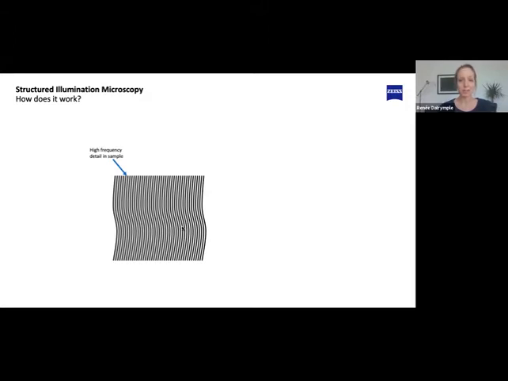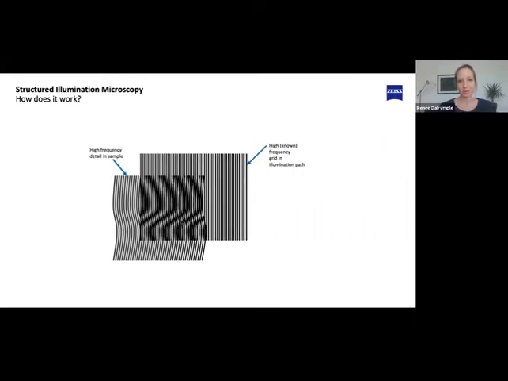Now with structured illumination microscopy, what we do is we take a patterned light and we shift that across the sample. You can see when we do that, that there's the formation of these dark squiggly lines. Those lines are called moire fringes. And the important thing about moire fringes is that they're actually spaced far enough apart that we can resolve them with the microscope.